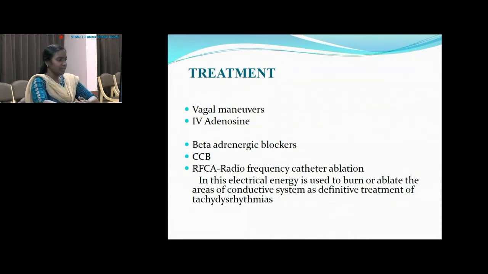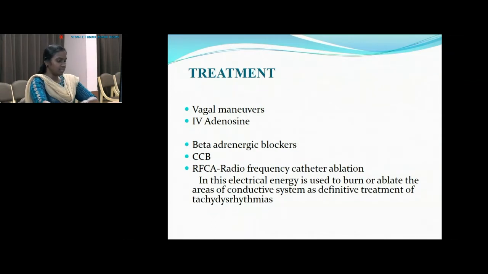In this, electrical energy is used to burn or ablate areas of the conductive system as a definitive treatment of tachydysrhythmias.